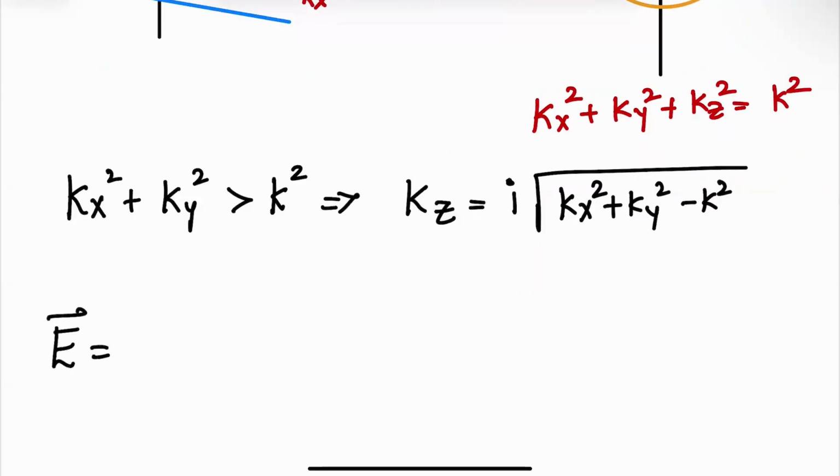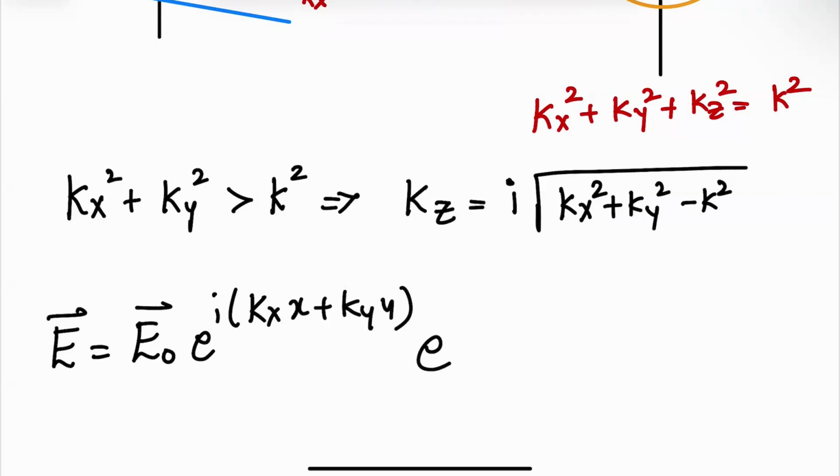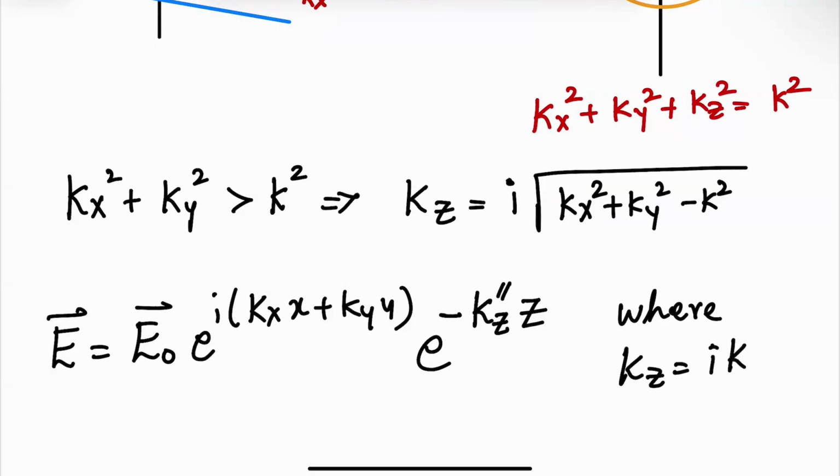If I go back to my E, I have E naught, e to the i, kx x plus ky y, plus i kz z. But kz is imaginary, so that becomes minus kz double prime z, where kz was i kz double prime.